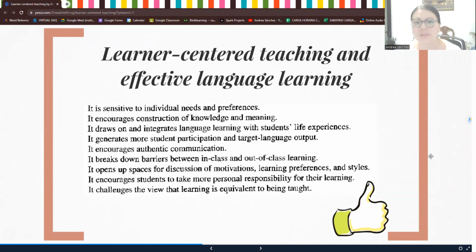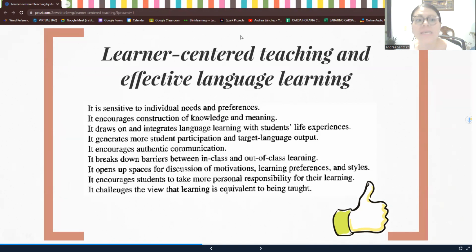propuesta que nosotros tenemos. Learner-centered teaching is effective in language learning because it is sensitive to individual needs and preferences. Because you have discussions with your students, right? Through discussions and dialogues, you talk to them about the importance of adding extra contents, changing some contents, etc. It encourages construction of knowledge and meaning, as I was saying.